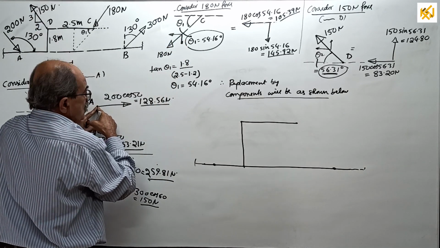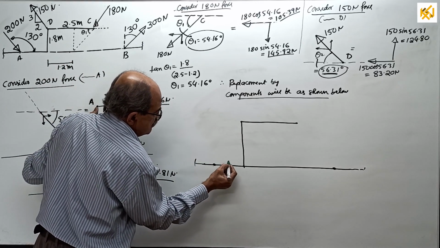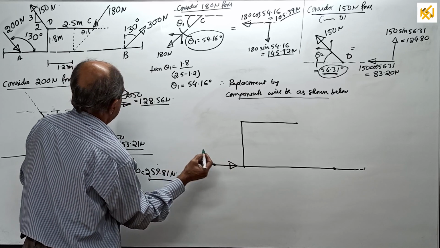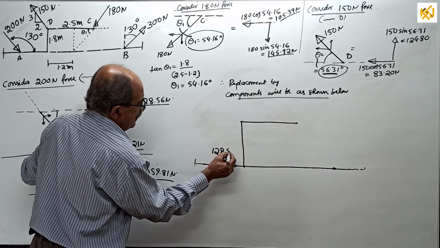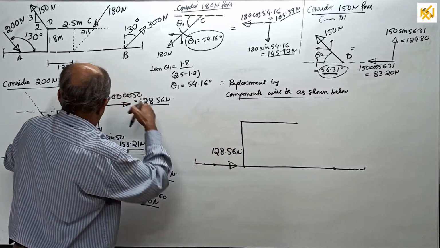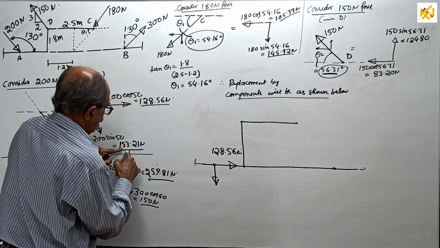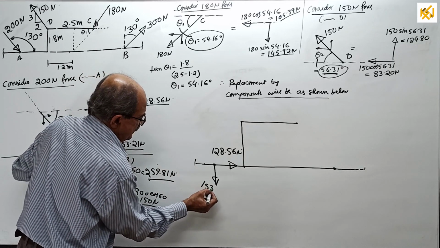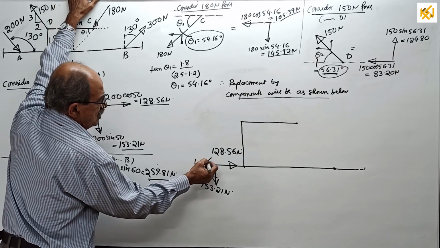This one. Through the point A, the right side force is 128.56 Newton and the downward component is 153.21 Newton. That is through the point A.